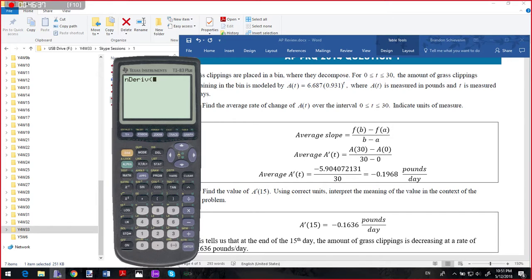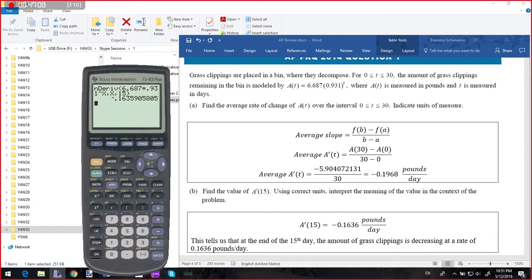So I'm going to derive my function 6.687 times 0.931 raised to the x power, comma, in terms of x, comma, at the point 15. And that also gives us our answer. Okay, so for derivatives, you have equation, variable, and your point.